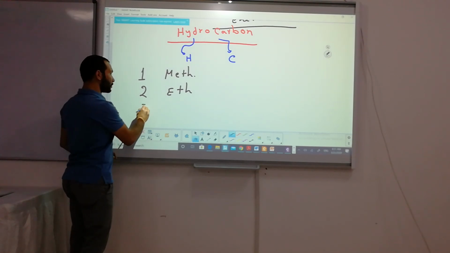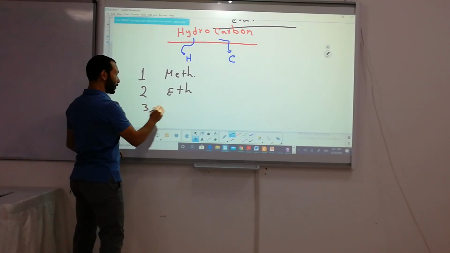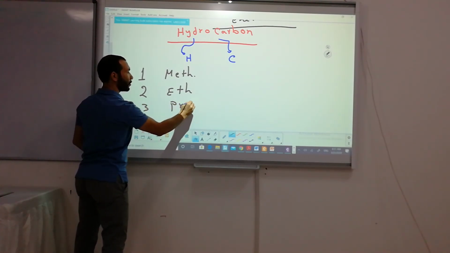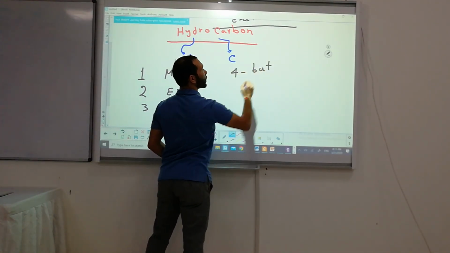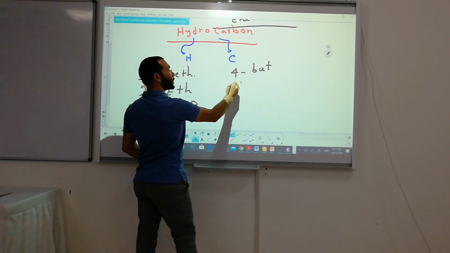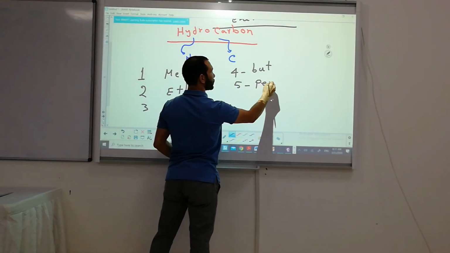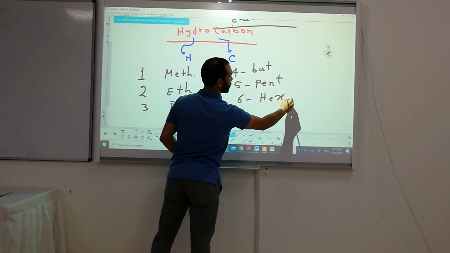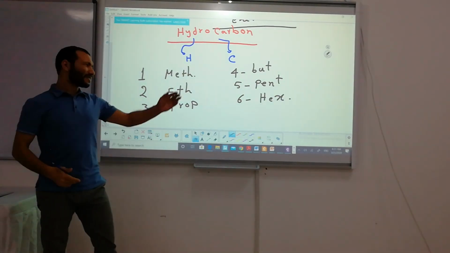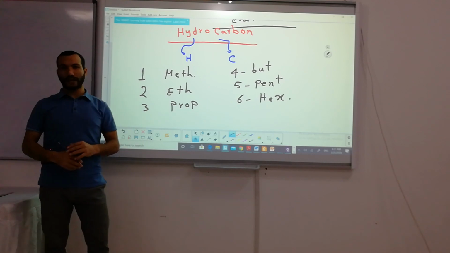Three carbons, prop. Four, bute. Five, pent. Six, hex. And so on. We will start this way.